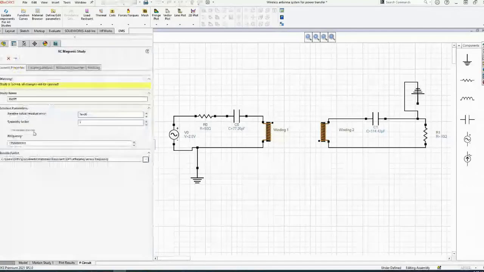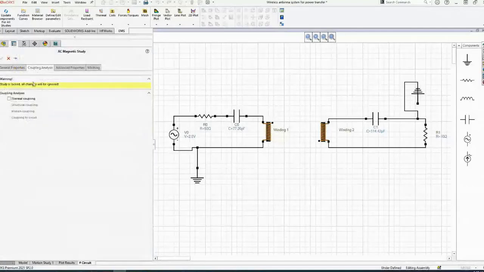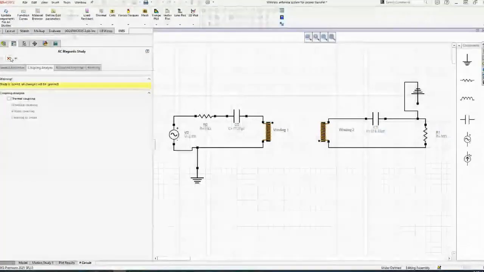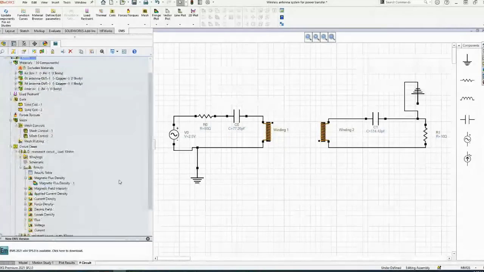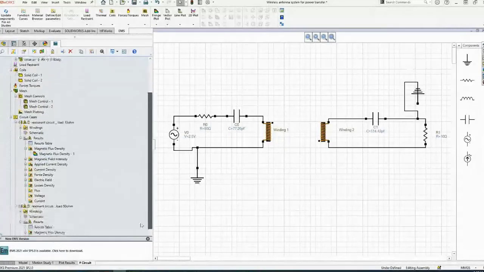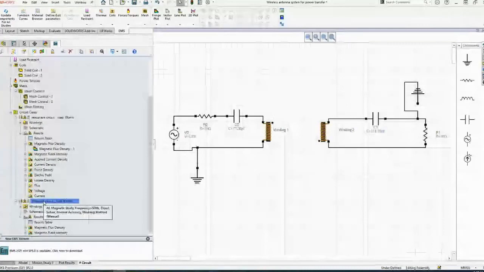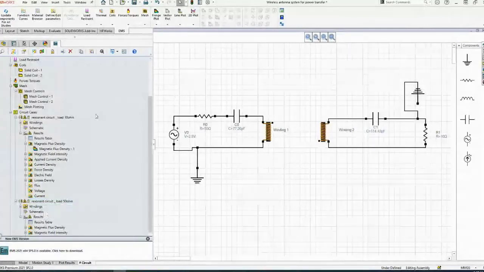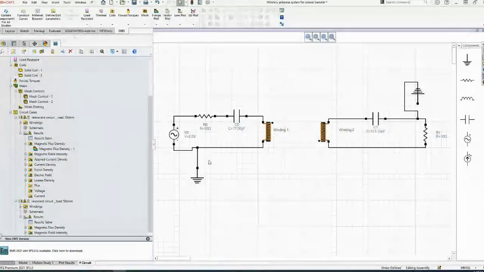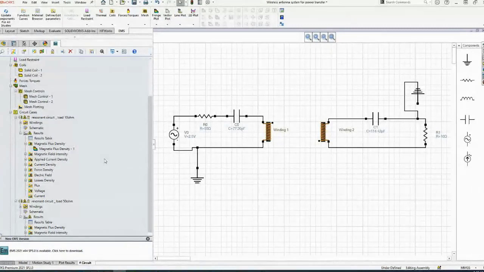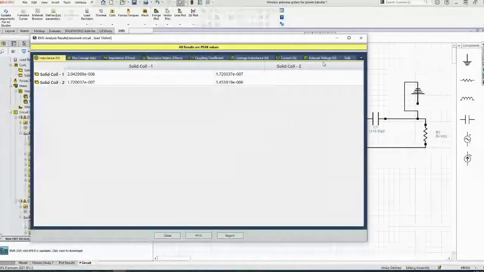When you define your study, you say coupling, and you say I would like to couple the circuits, and then you have your circuit case. Of course, you can have different resonance circuits, like in these cases. The only difference between them is the load: one is 10 ohm, and the other one is 50 ohm. You can study that as well. So by tuning your circuit, you can actually achieve a much better coupling.